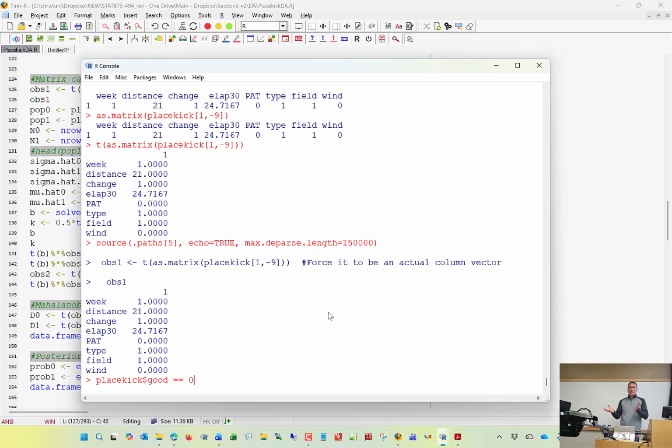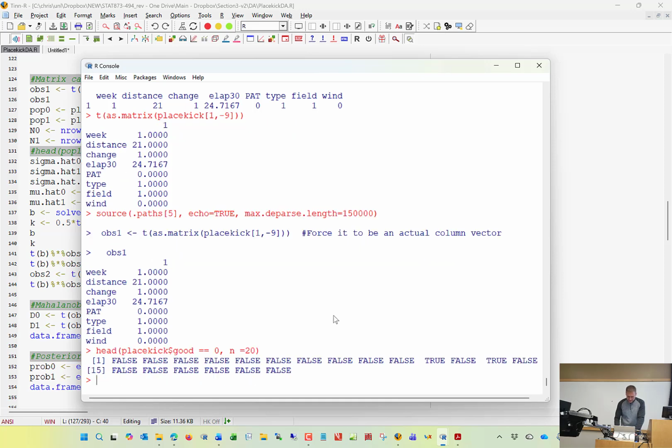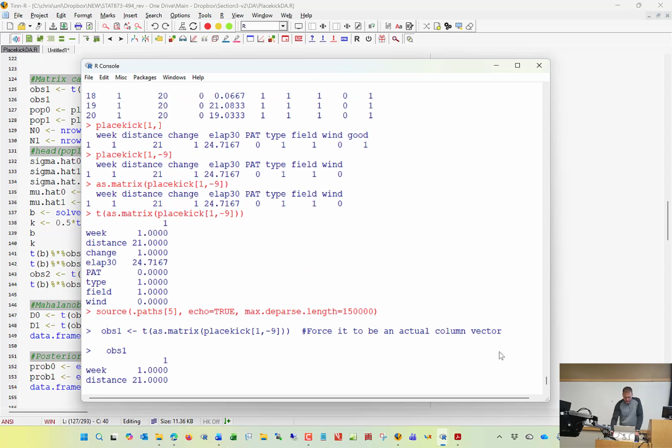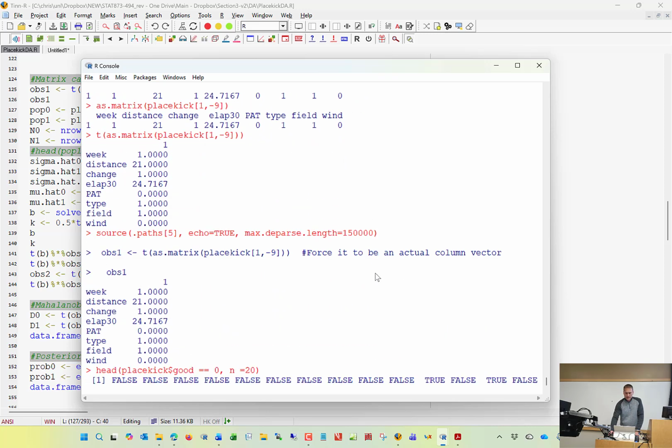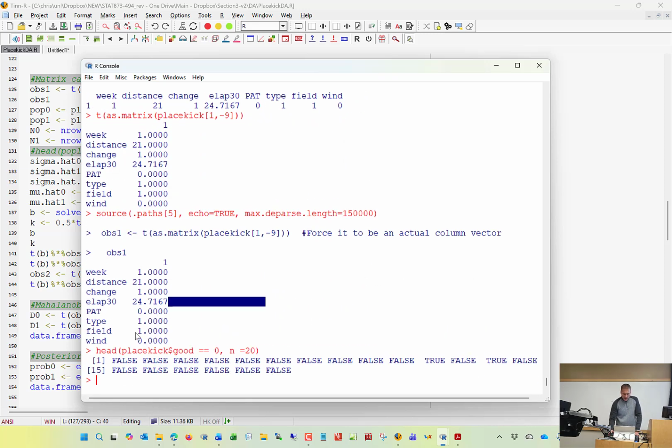Is it equal to 0 or not? And I'm going to return trues and falses corresponding to that. And since this is a large data set, I'm not going to print off every single one. How about the first 20? And so you can see, for example, there's a true, there's a true. That corresponds to this one and this one.